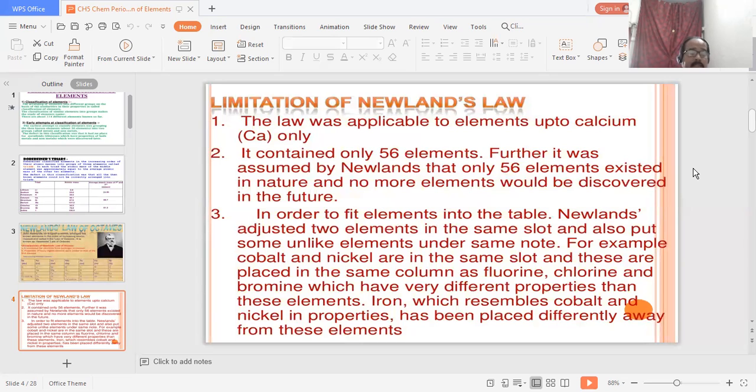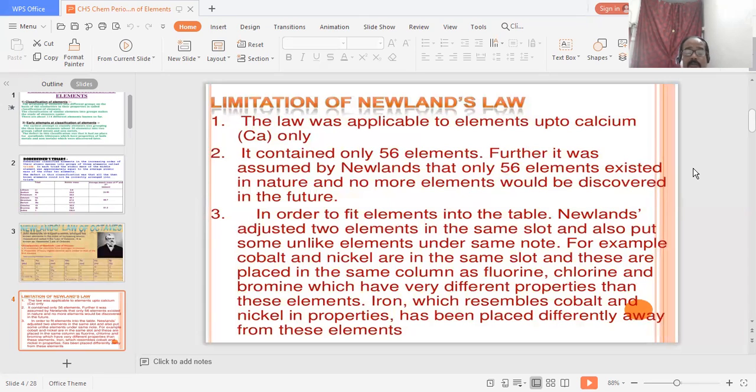That means at that time only 56 elements were known. But in the present time 118 elements are known, and for all these elements the law cannot be applied.